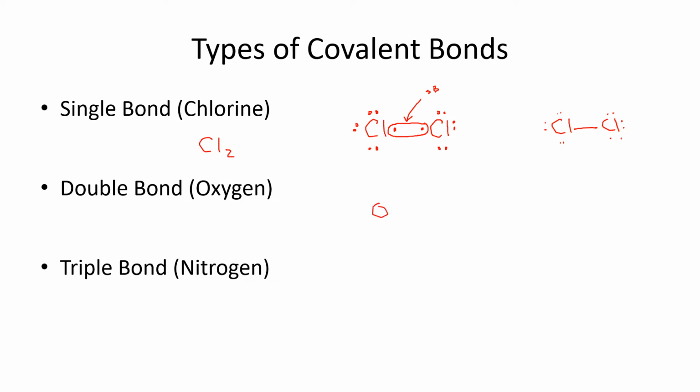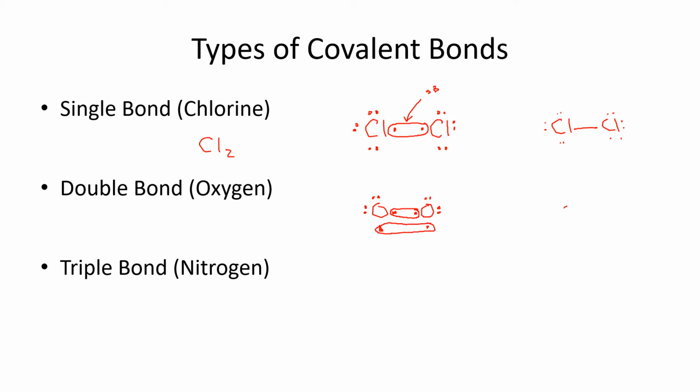Oxygen. If we do oxygen, it's got 1, 2, 3, 4, 5, and then since I want to make bonds, I'm going to put the 6th one over here. You can move them around however you like, as long as you're putting them on the 4 sides, and arrange the single electrons to be as close as possible to each other. The other oxygen we'll put next to it, 1, 2, 3, 4, and then we'll put 5 and 6 like this. And so now the single ones are next to each other, and we can make the bonds that way.